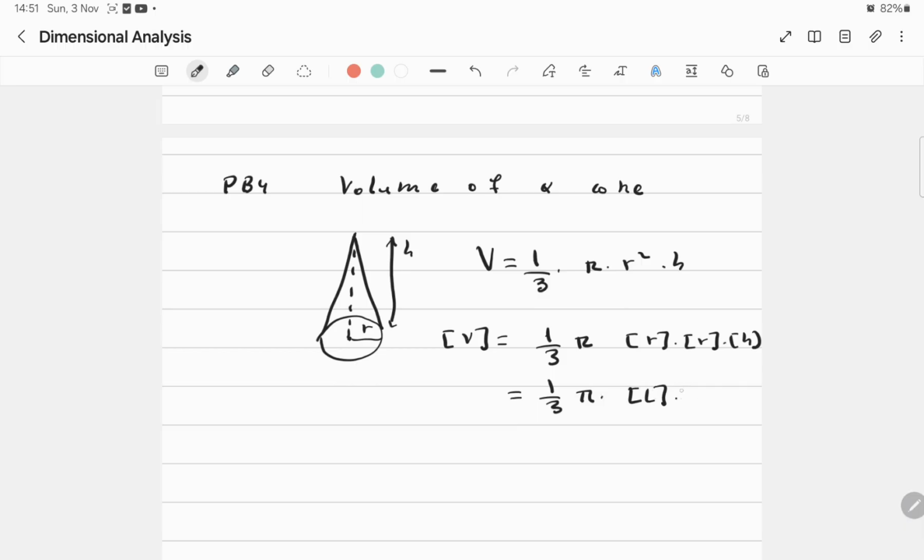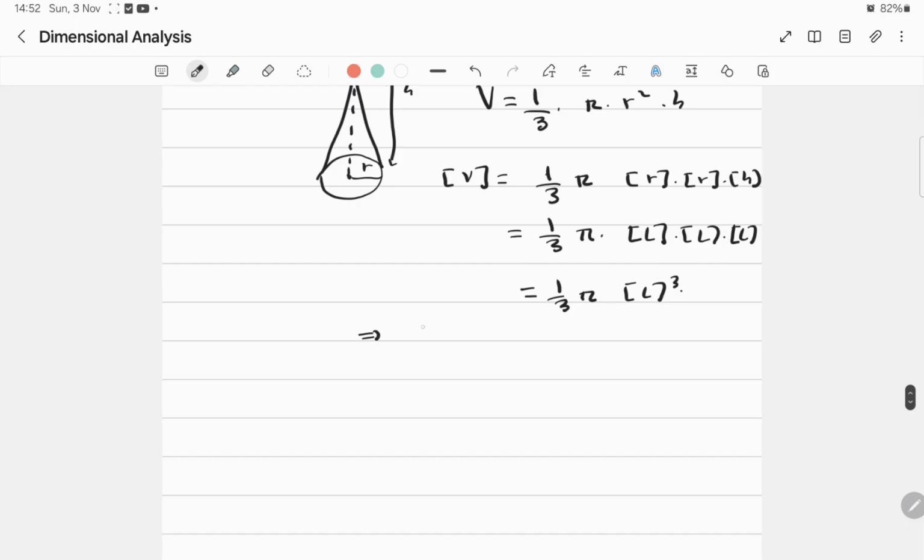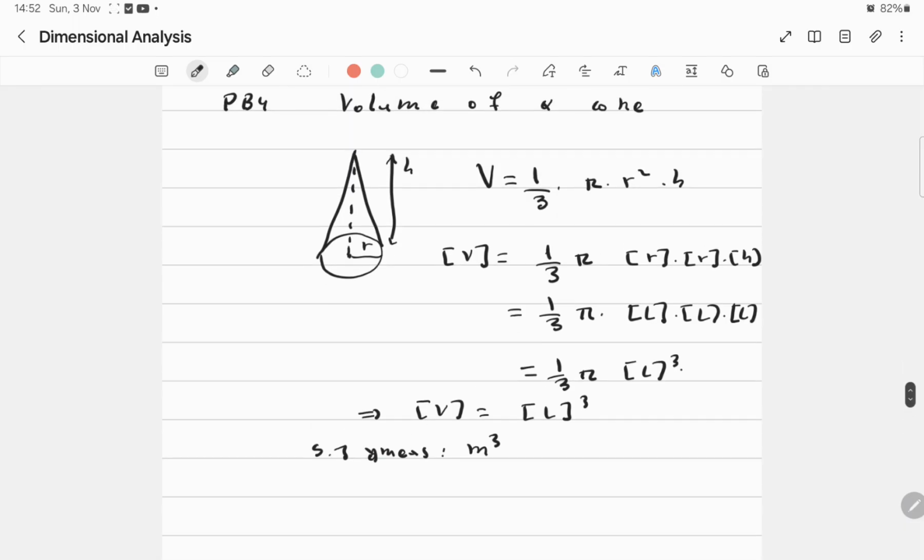This is L times L times L. This is L cubed. So the dimensions is L times L times L, L cubed, so it's cubic meters, which makes sense. So the SI measurement is in cubic meters here.